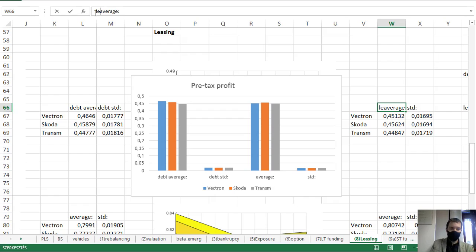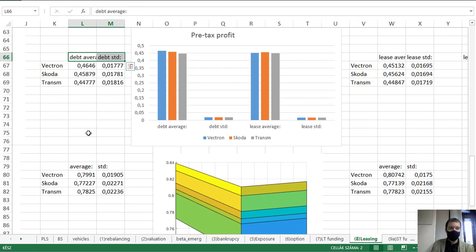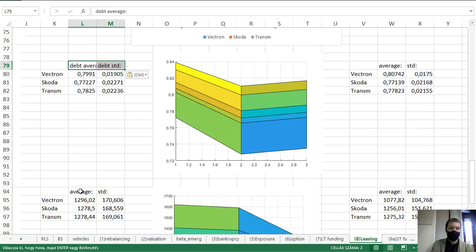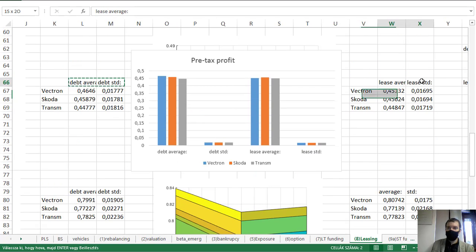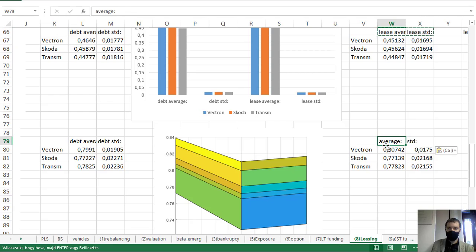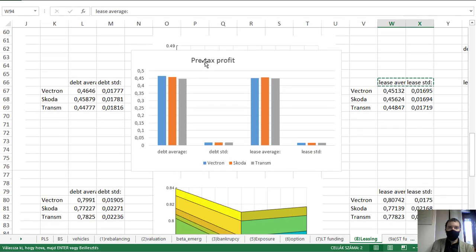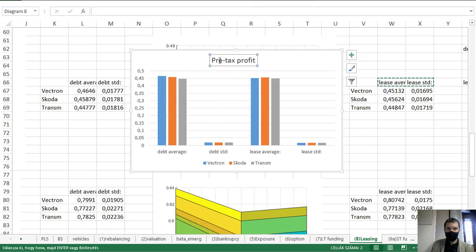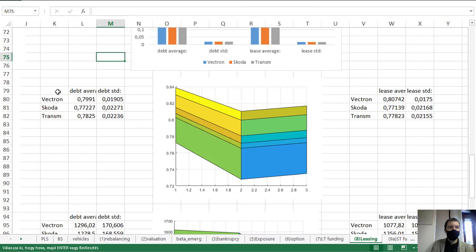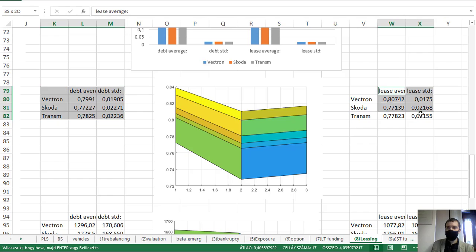And this will be lease average, lease STD. And then we just copy this. Okay. Done.